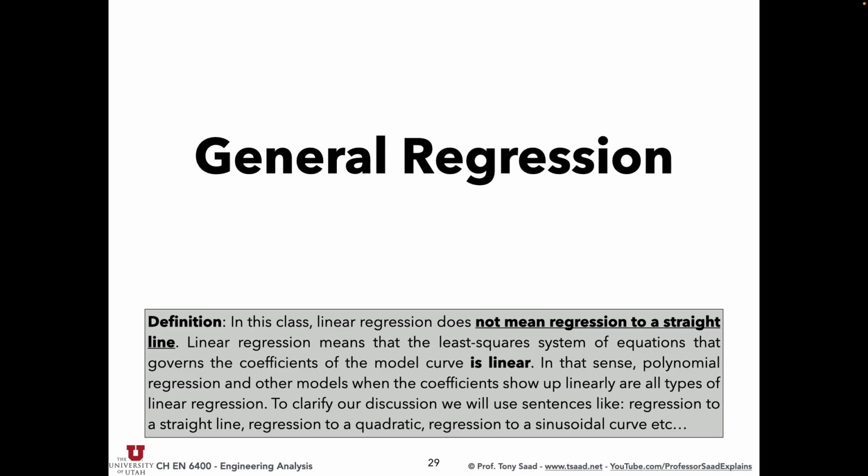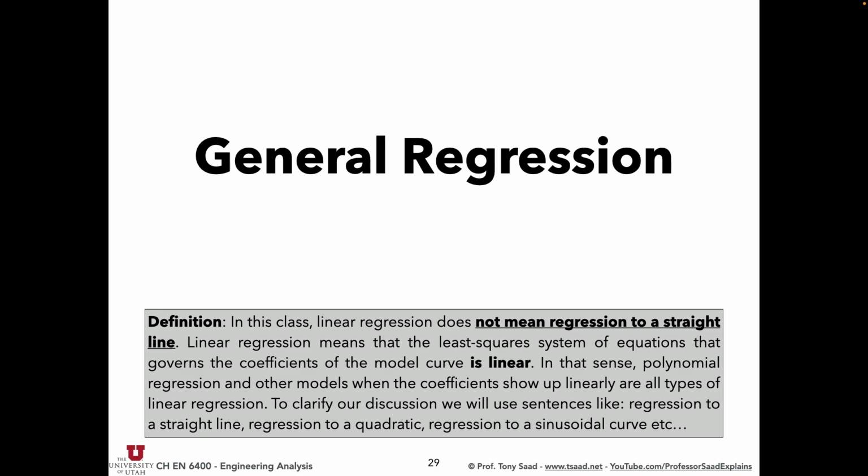That's not wrong. Okay? But from a mechanistic perspective, where you're building these regression models, even polynomials are also a type of linear regression, because the regression system of equations is linear. So anytime the coefficients of the model show up linearly, that will result in a linear system of equations for the regression. So it's a linear regression in that sense.